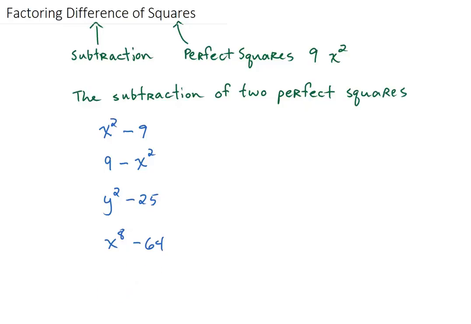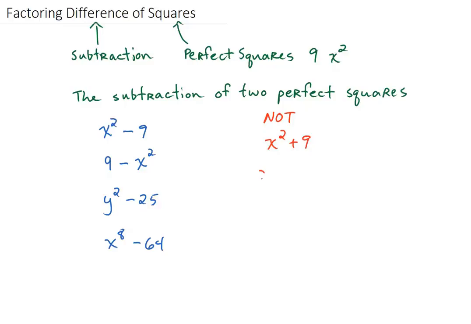Now let's look at a few things that are not difference of squares. First of all, if it's addition, such as x squared plus 9, that is not a difference of squares. They're both perfect squares, but that's a sum of squares, and that's not what we're talking about here. It has to be a difference of squares for what we're going to be doing to work.